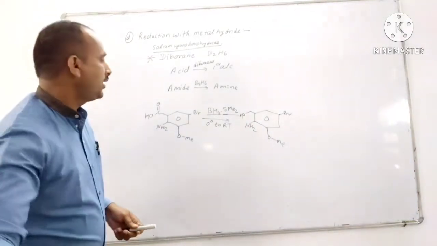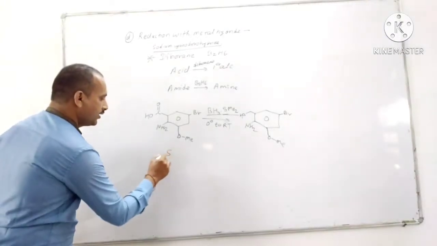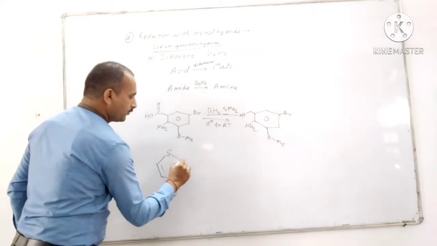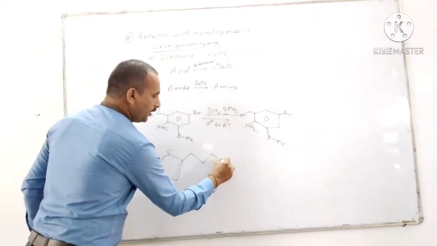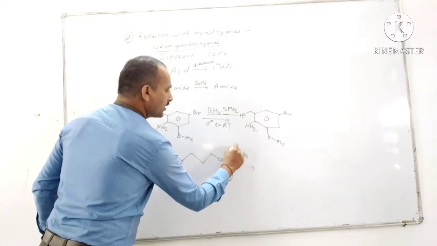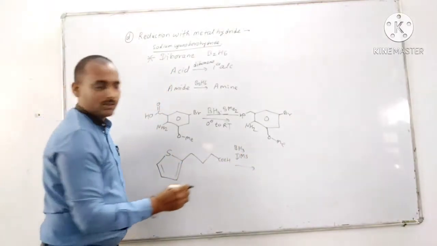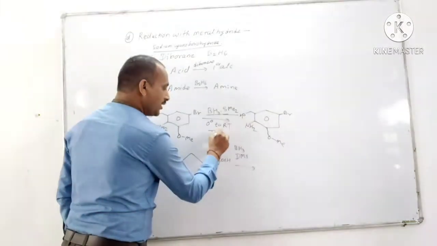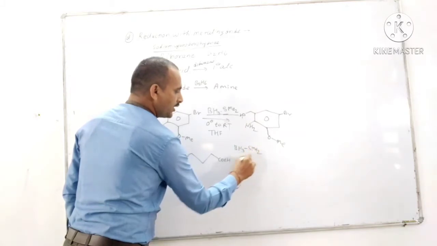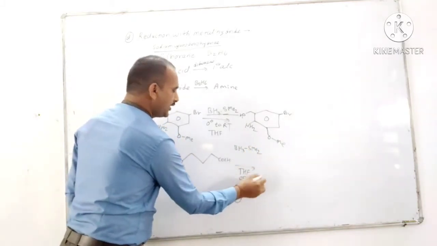Then let's see another example of this type of reduction of carboxylic acids. COOH, BH3 in DMS, then THF is used as a solvent, BH3·SMe2, THF as a solvent, 0 degrees Celsius.